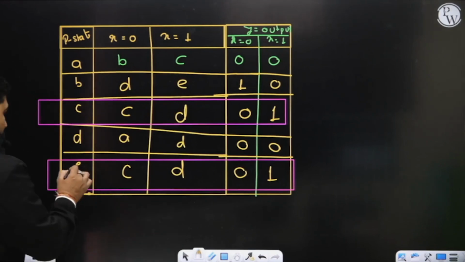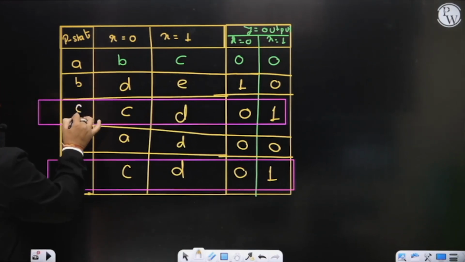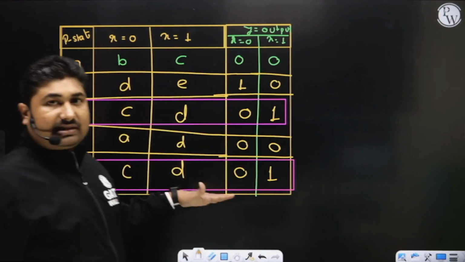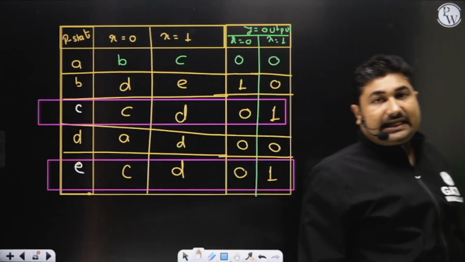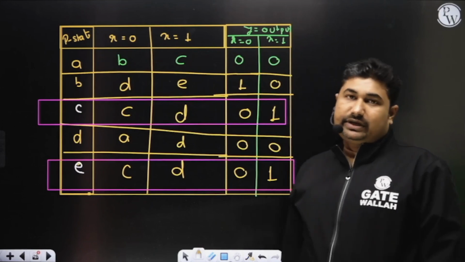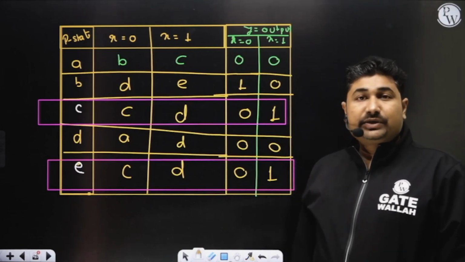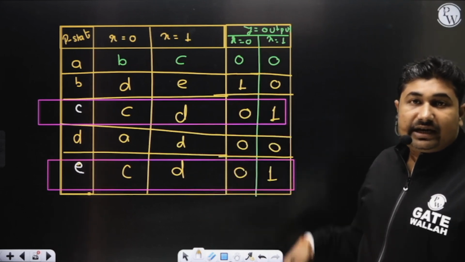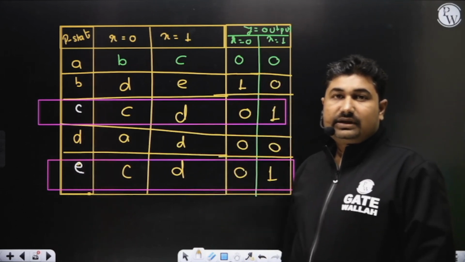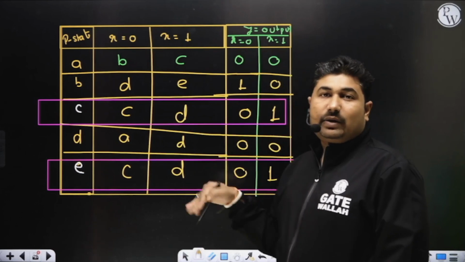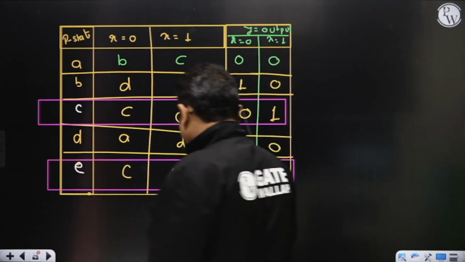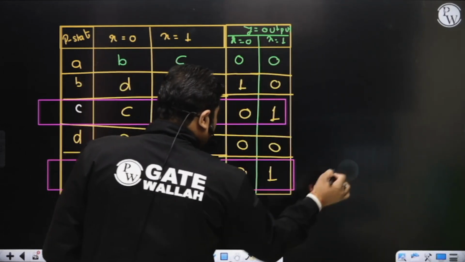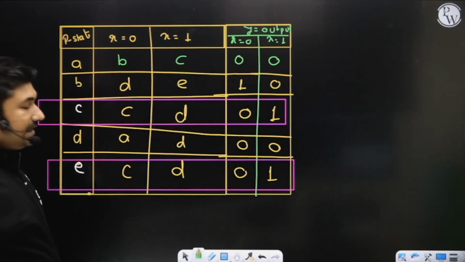However, this is for E and this is for C. So we need not represent these two differently. We can remove any one of them. One of them is redundant. So out of C and E, you can remove any one to reduce the state diagram.